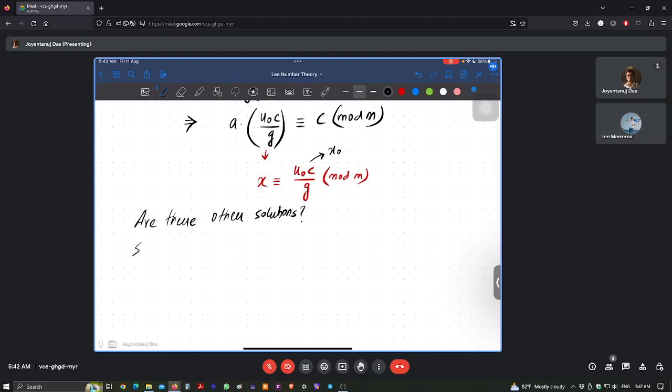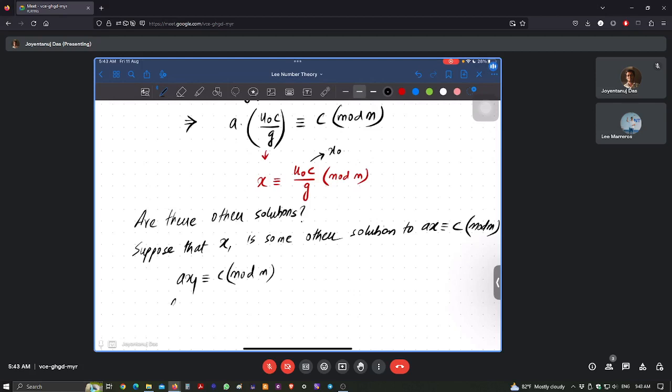Suppose x1 is some other solution to this congruence AX congruent to C mod M. Then we must have that A x1 is also C mod M, because x1 is a solution, and we already know that A x0 is also C mod M.